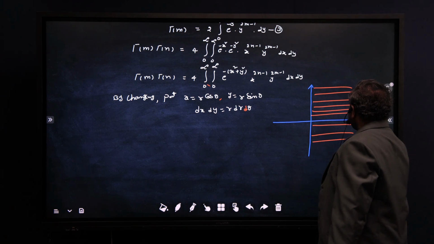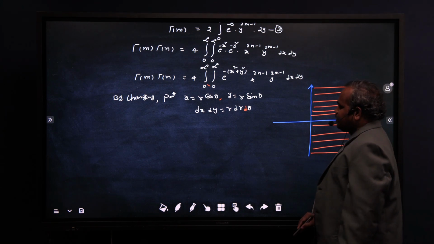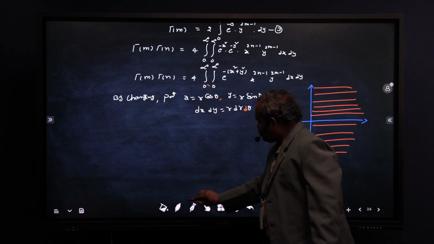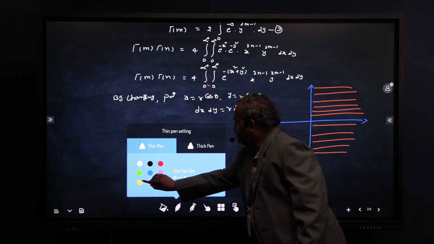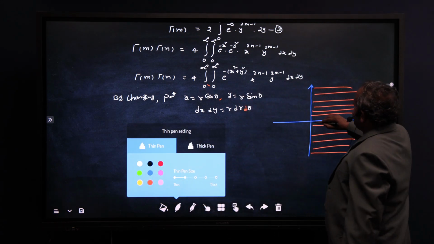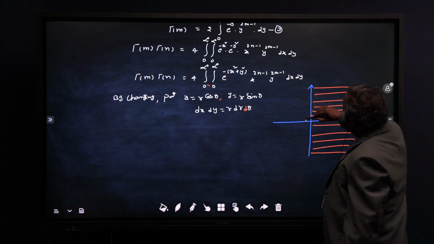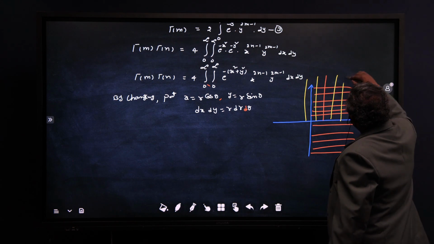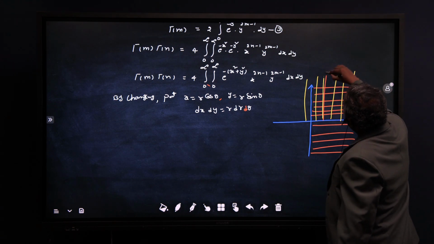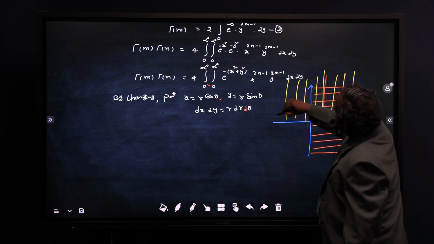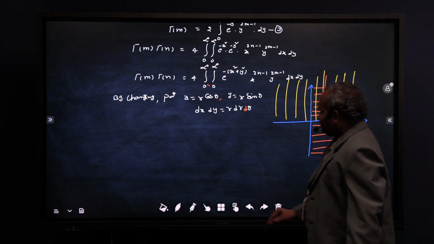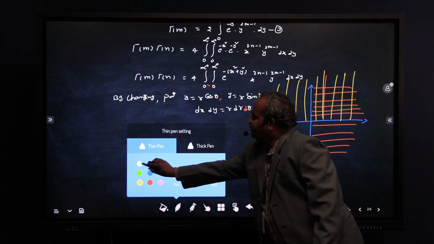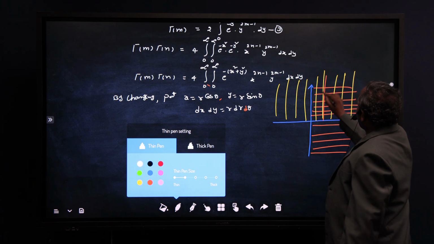Coming to the y limits, which are also 0 to infinity, we draw the y limits. So y from 0 to infinity is this region. Now if you observe the common region, this is the common region.